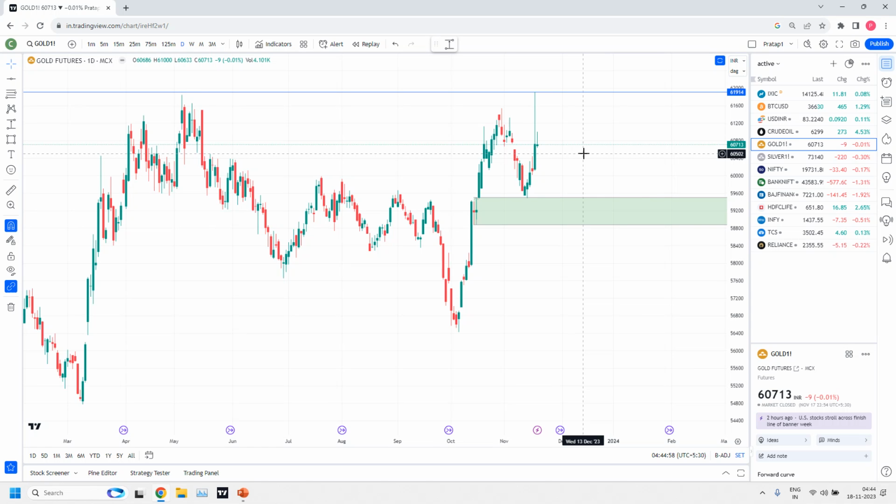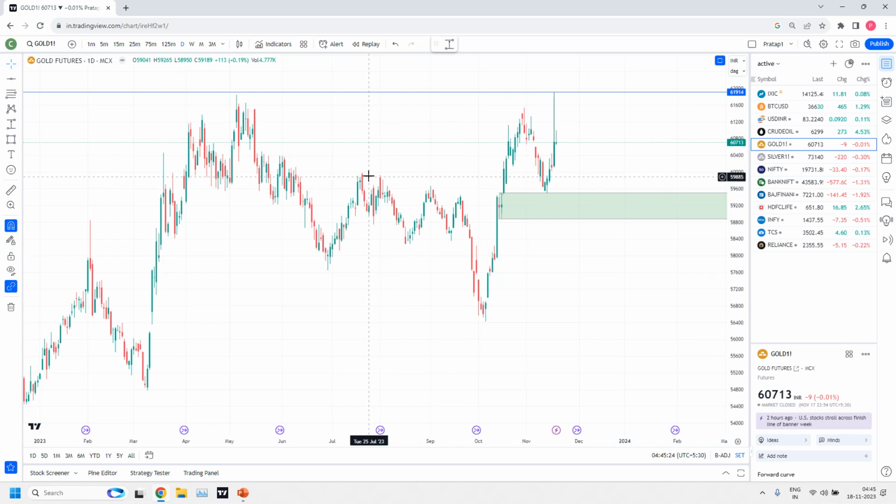Similarly, a price reaches all-time low after violating all its demand zones. For all-time high, it violates all the supply zones. This is the difference you have to understand.